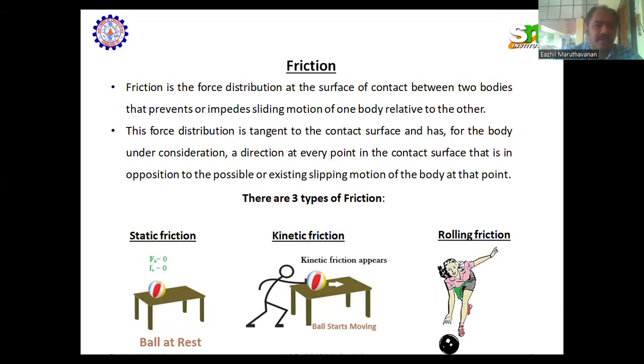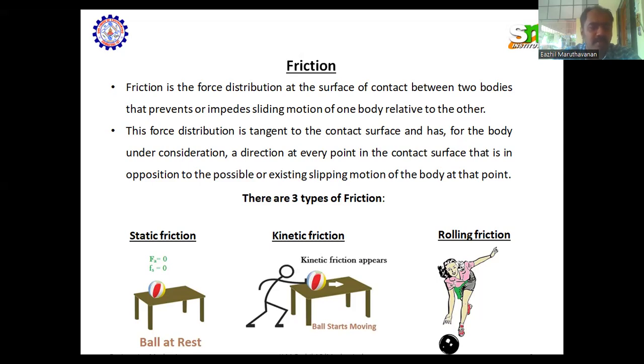In static friction, a normal reaction acts perpendicular to the lying plane. When a block is resting on a horizontal surface, the self weight of the block acts perpendicular to the ground plane.